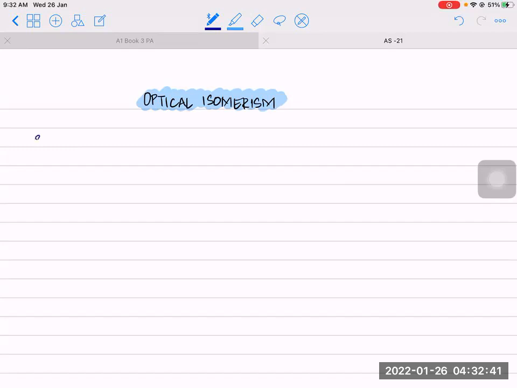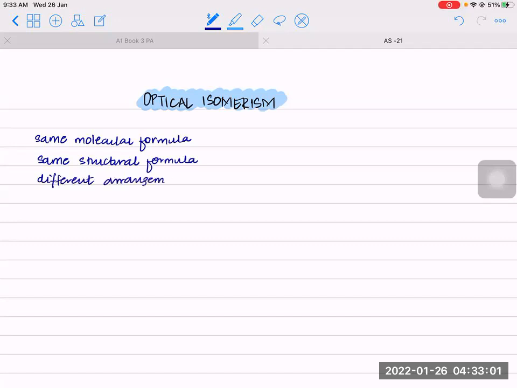So they also have the same molecular formula. They have the same structural formula, but they have different arrangement in space.